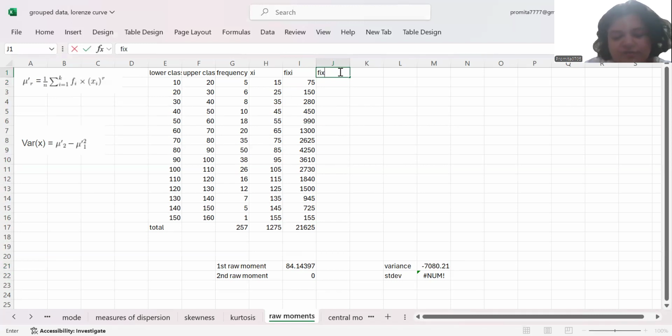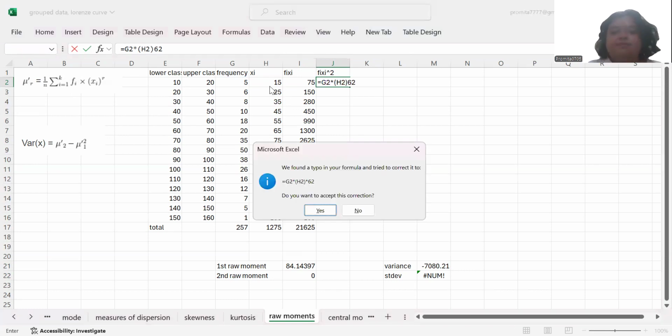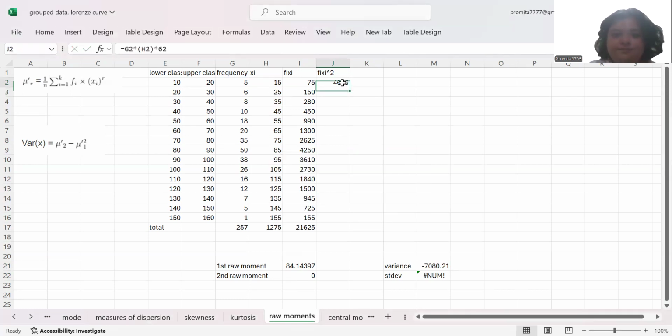For that, we first have to calculate fi xi squared. So this into xi squared.